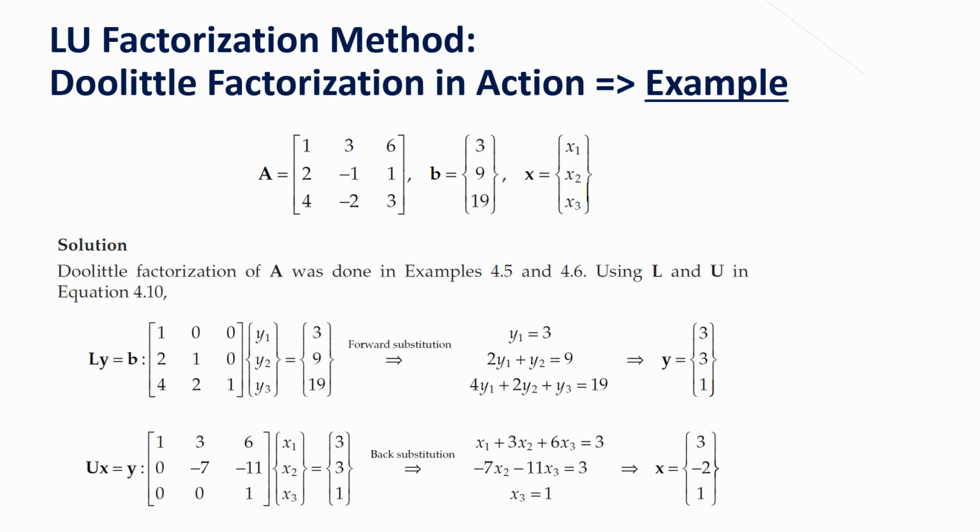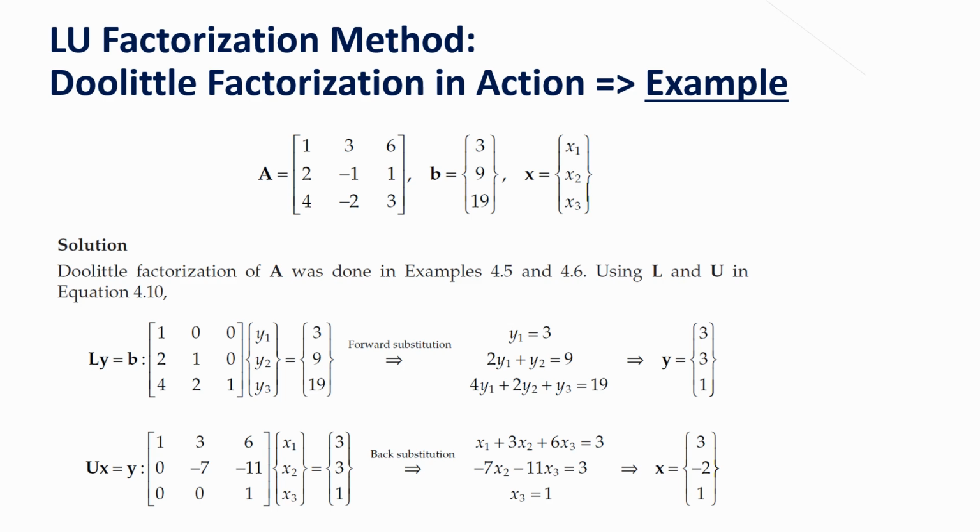Okay, then that's about the Doolittle factorization. I know some of you may think that this one is even longer, takes us longer to calculate because we do the Gauss calculation as well as two substitutions.